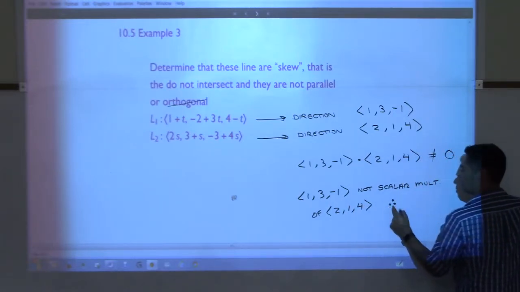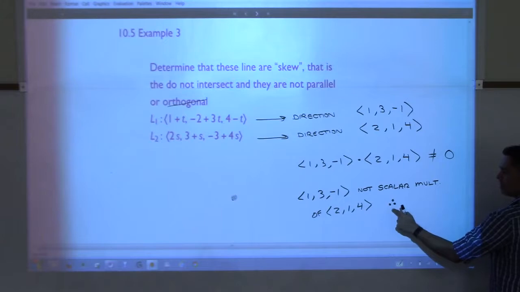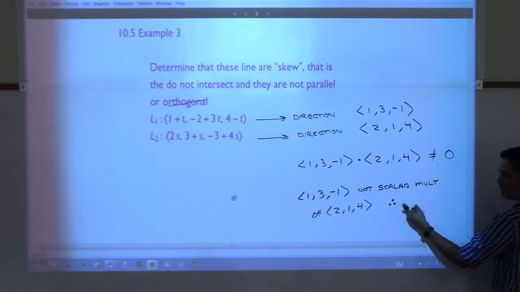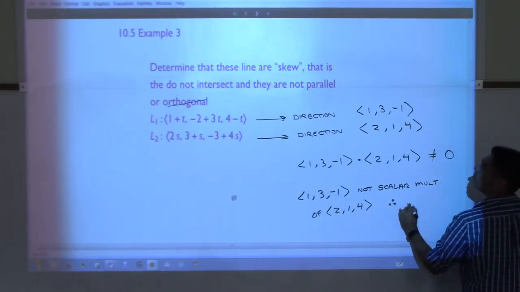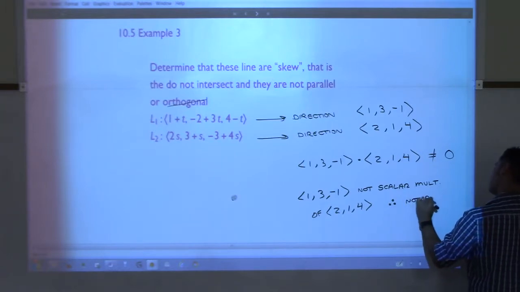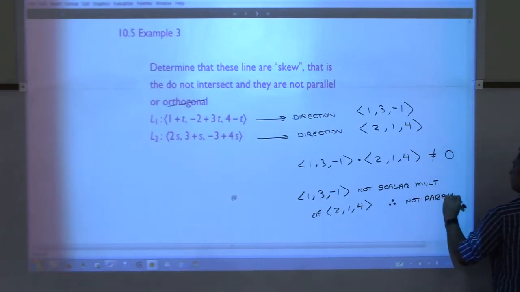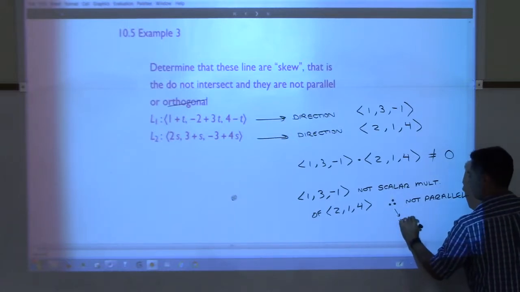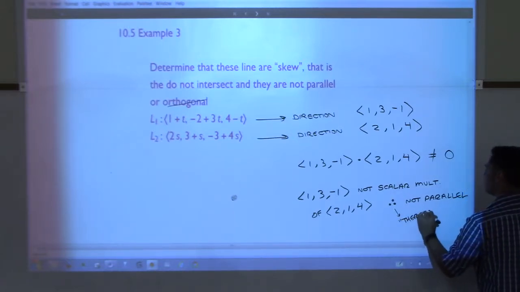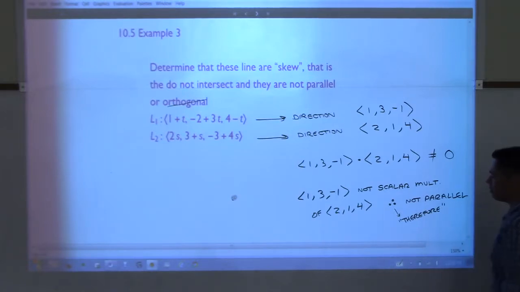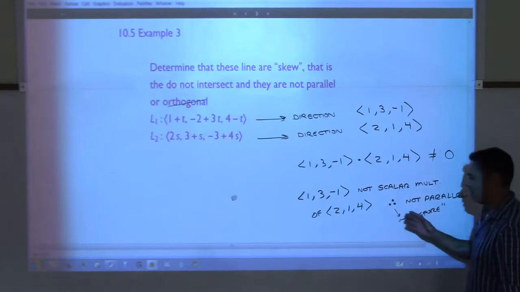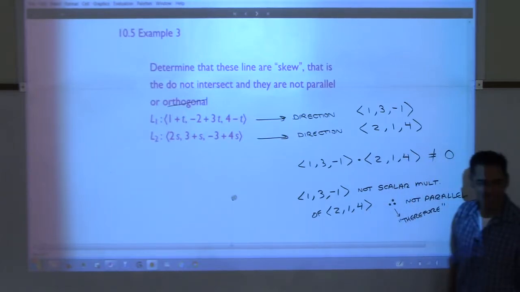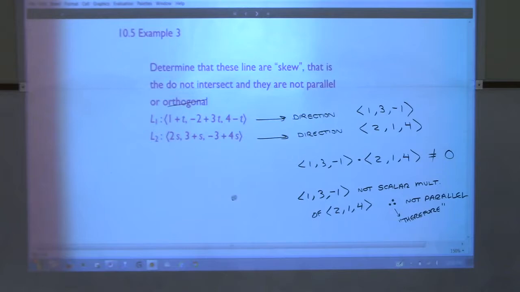Therefore, y'all seen these 3 dots with a triangle before? That's shorthand mathematical notation for the word therefore. Therefore, what? Not parallel. It's just because we're lazy, we don't like to write the long words in math, okay? All right, therefore, not parallel.